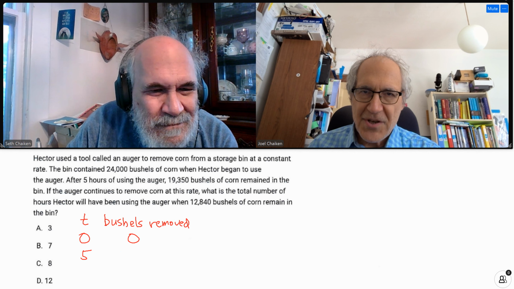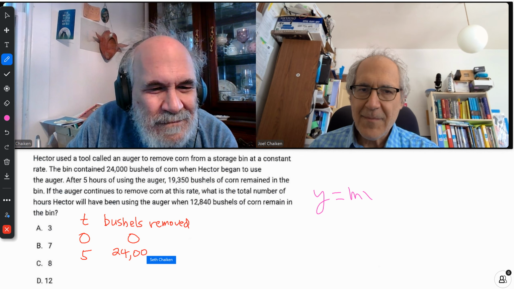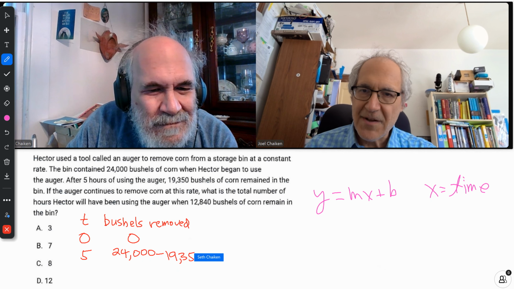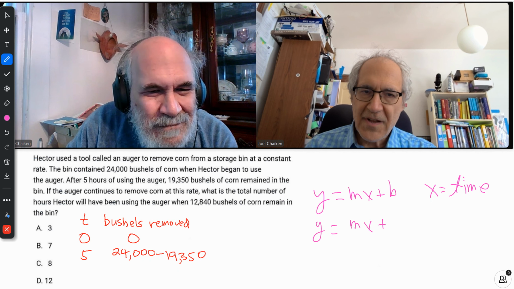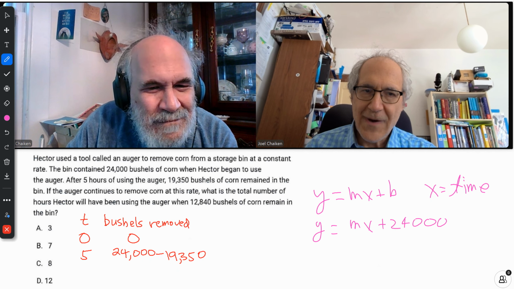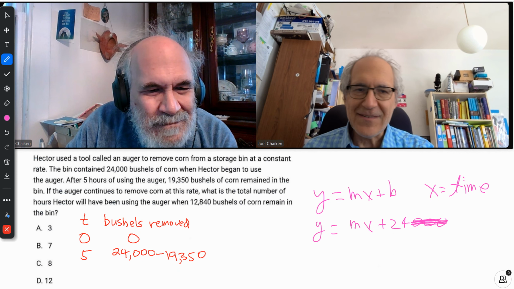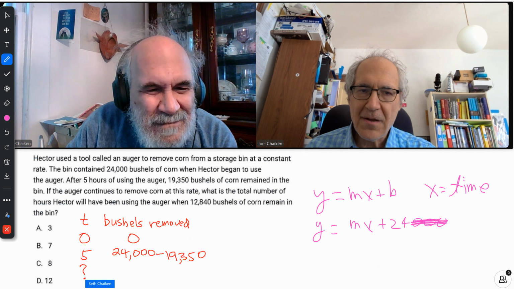So the relationship is y equals mx plus b, but x is time after starting to use the auger. Now, when time was 0, there was 24,000. So it's plus 24,000. Well, let's just make it 24. We'll work in thousands, so the numbers are easier.